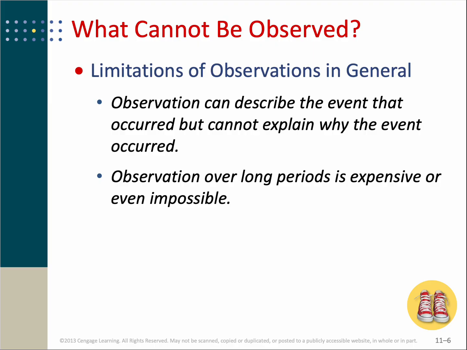Online is also observational in a sense, where we're tracking click behavior, dwell time at certain websites, links, and so on. There are limitations. If you can't see it, it's hard to explain why it occurred. Why is the key ingredient.